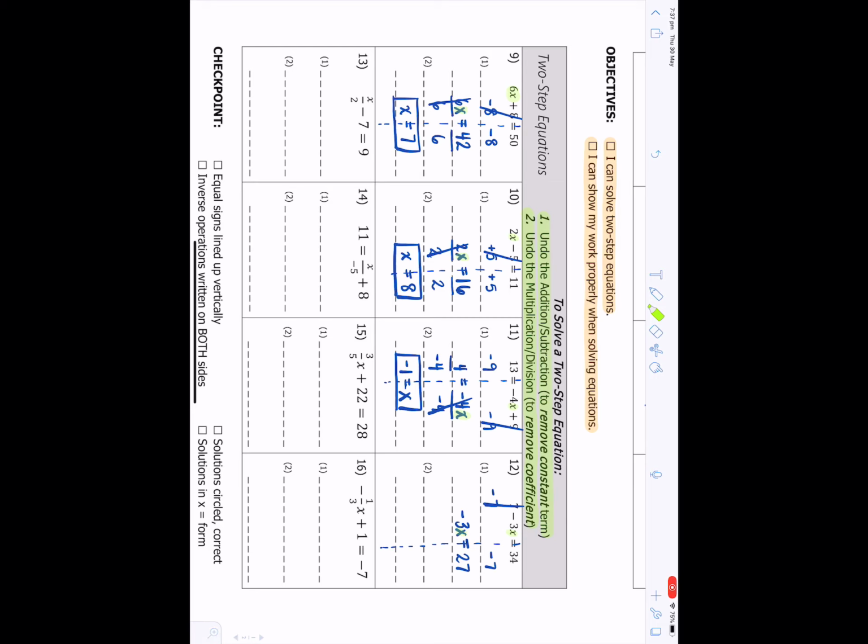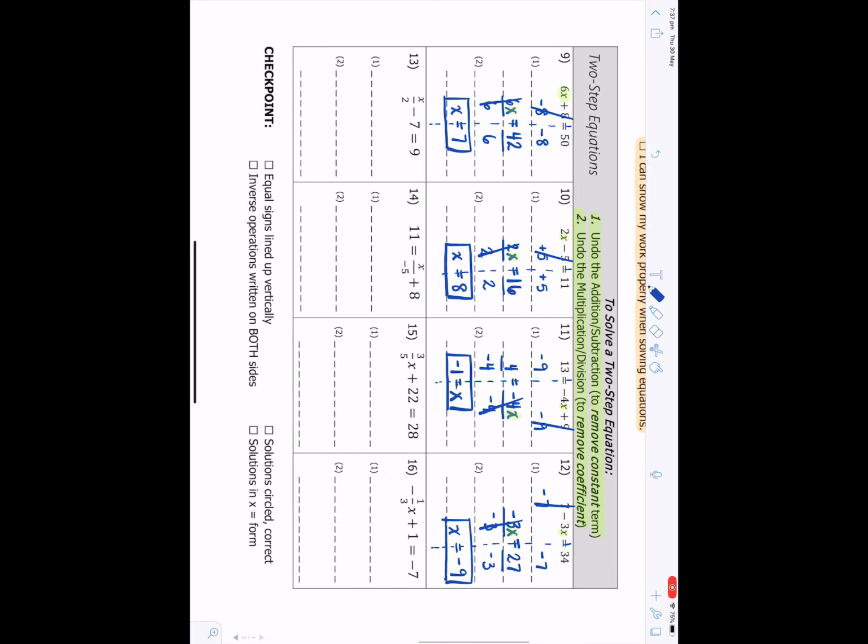Now the pronumeral is still not isolated. I need to get rid of that negative 3. It's currently being multiplied, so what I can do is divide by negative 3 on both sides. This will leave me with x equals negative 9. Now I've isolated x, so I know that I'm done.